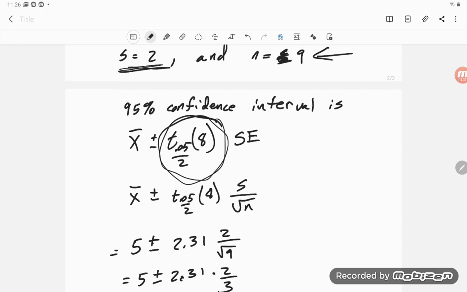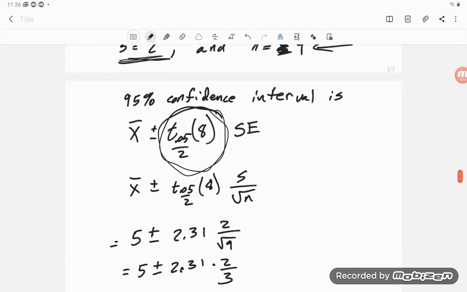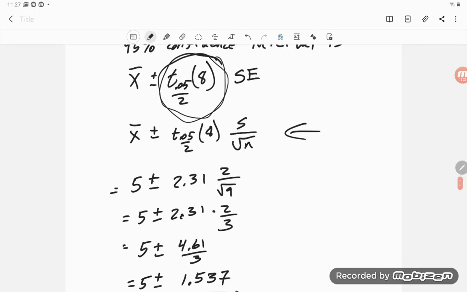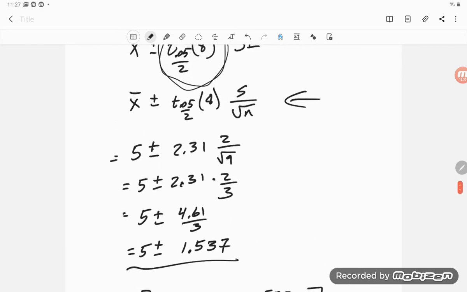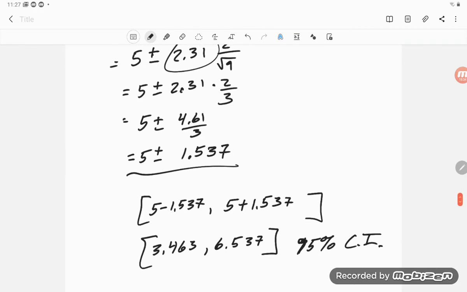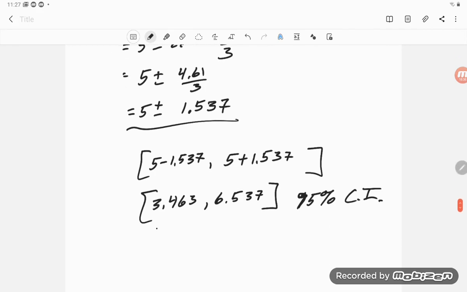And so if I have those, then I simply place them into the formula and get my standard error, get my multiplier based on the distribution I'm using, and I get my confidence interval.